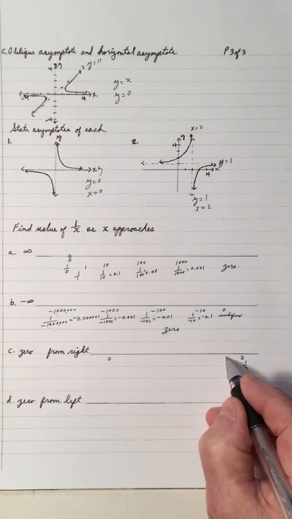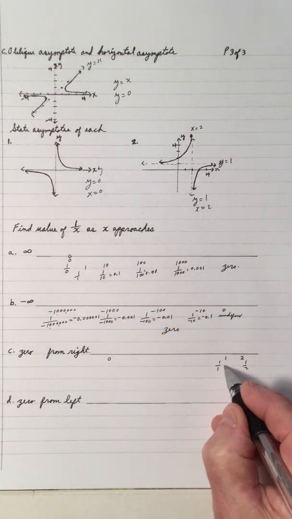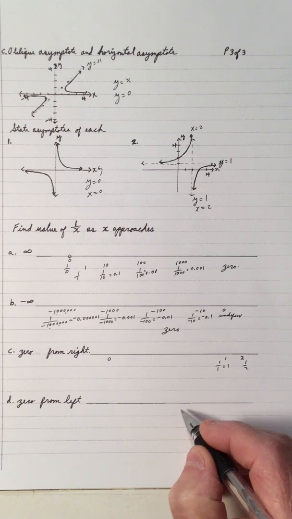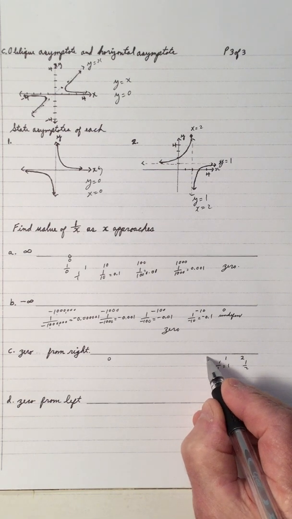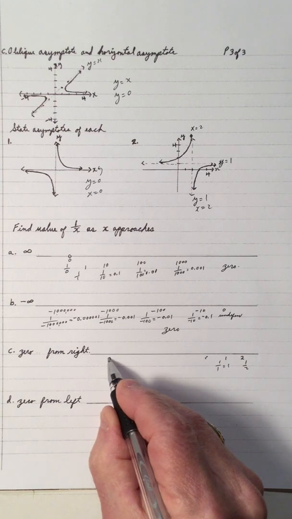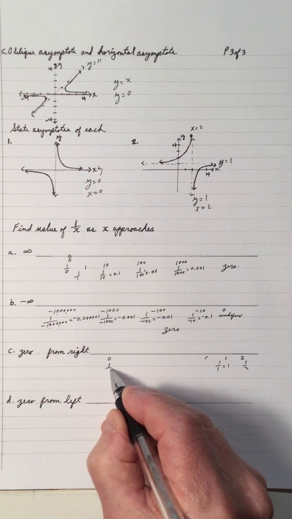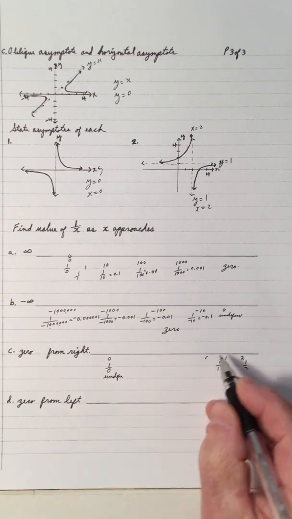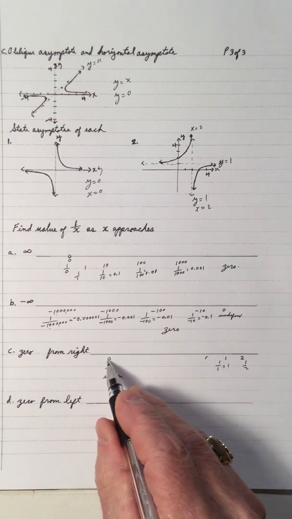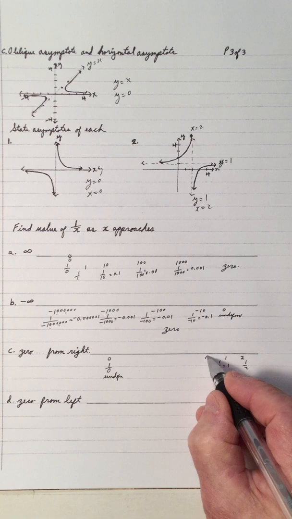If we're at 1, put a 1 in here, we get 1 over 1, which is 1. What about if we have a 0? If we go to 0, we get 1 over 0, and it's undefined. So what about the numbers between 0 and 1? What about if we take 1/10?